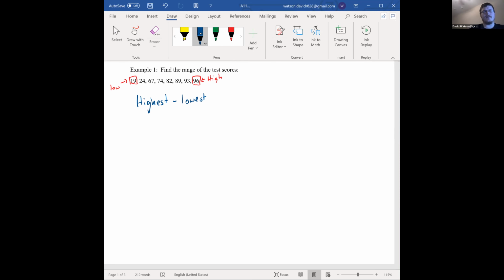So 96 minus 19 gets us 77. That's our range. That's all you have to do for range.